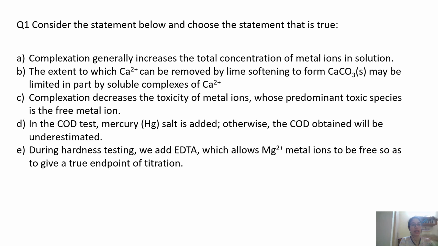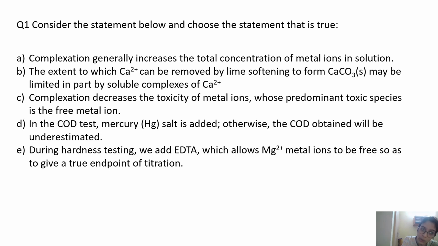In the COD test, mercuric salt is added, otherwise the COD obtained will be underestimated. So in the COD test we need many salts, and mercuric salt is also added. We need to find out whether, if it is not added, the COD will be underestimated or overestimated.